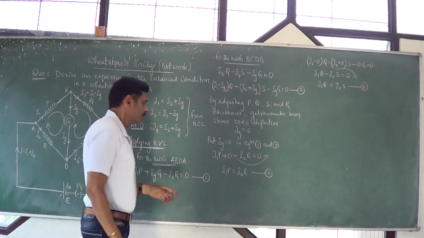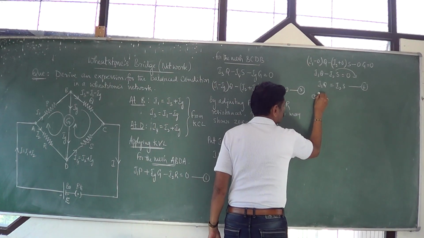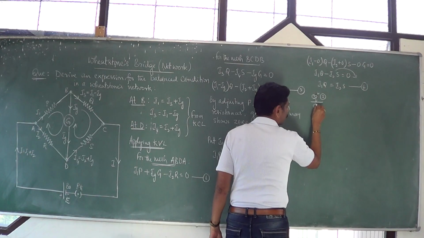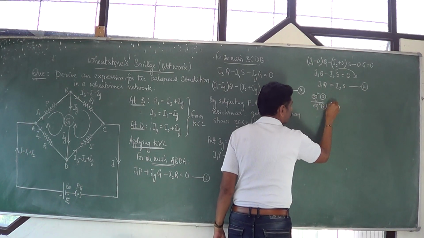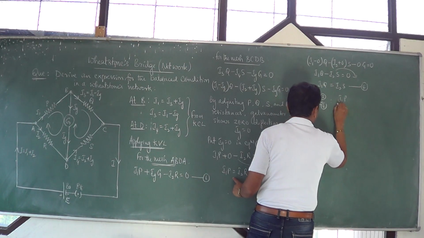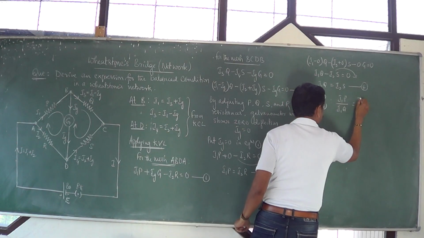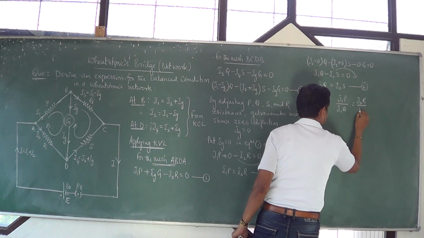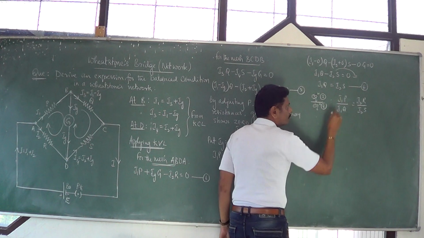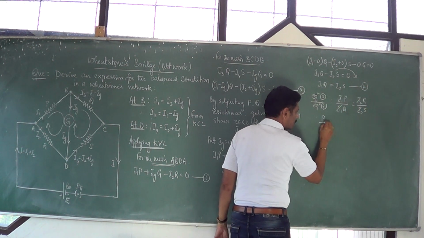Next concept, divide one by the other. Equation 3 divided by equation number 4. So what it gives? I1P divided by I1Q is equal to I2R divided by I2S. I1 gets cancelled, I2 gets cancelled here.